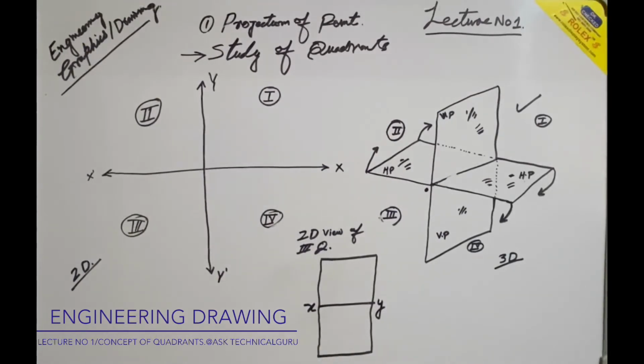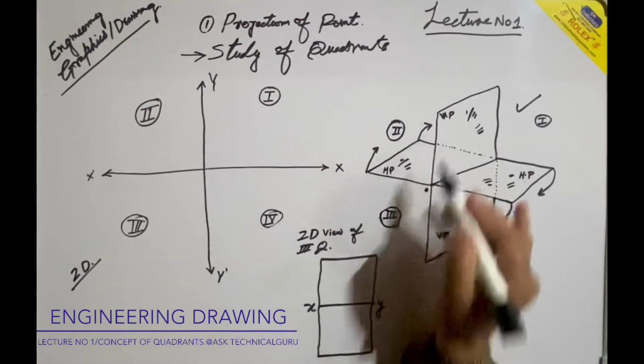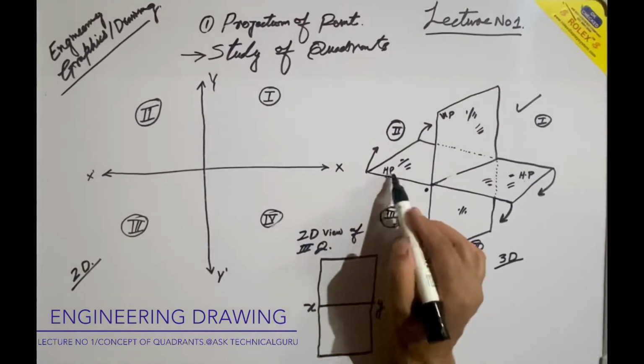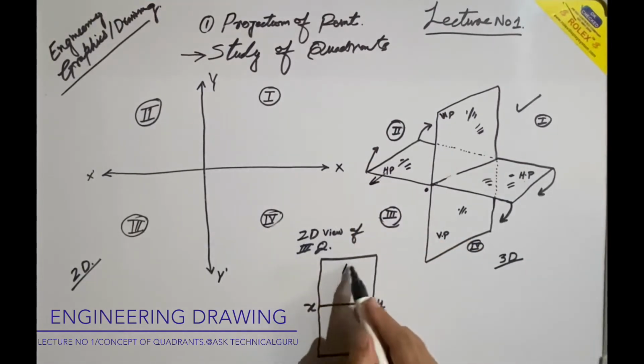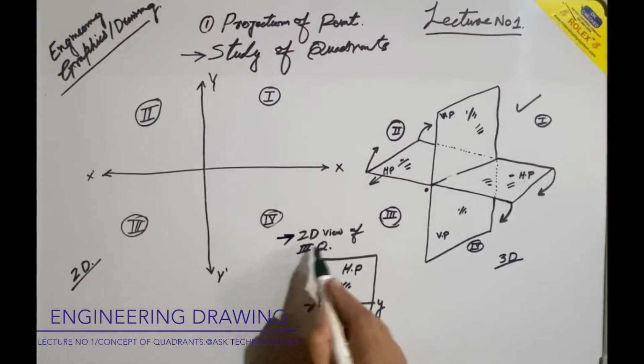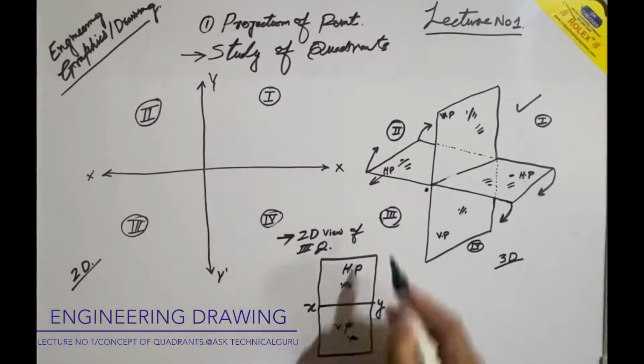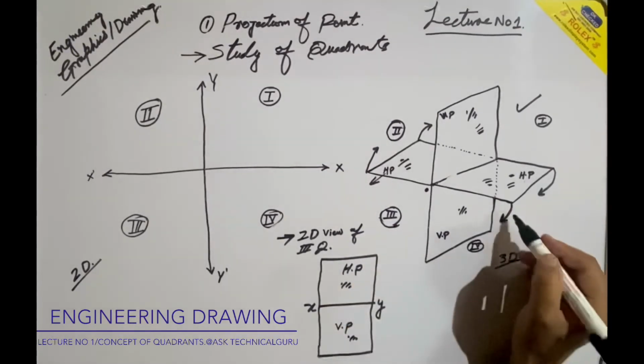Then above the XY line, in case of this third quadrant system, we will not get the vertical plane, we will get this horizontal plane. This will be the horizontal plane in the third quadrant system, and this will be the vertical plane, as we have to give the same rotation.